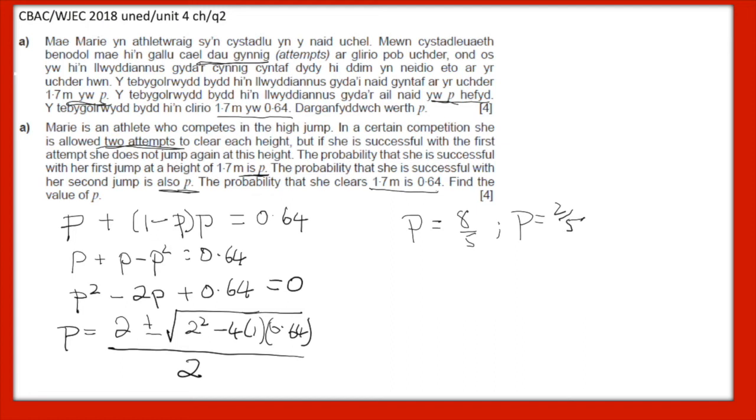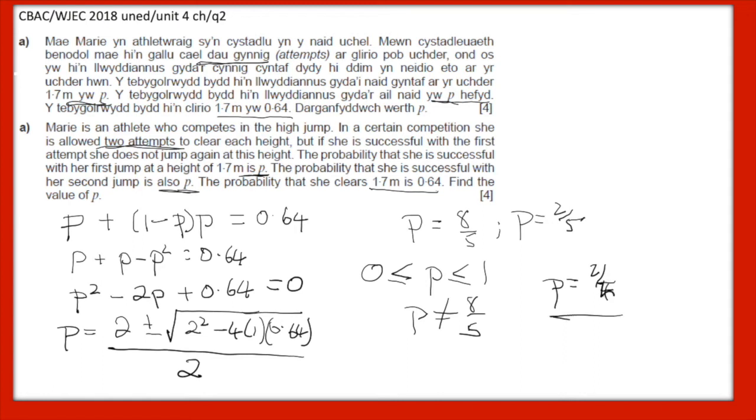It would be good to realize, of course, that the probability scale is 0 to 1, and therefore P can't be equal to 8/5 because 1.6 is not a valid probability, and therefore P is 2/5 or 0.4.